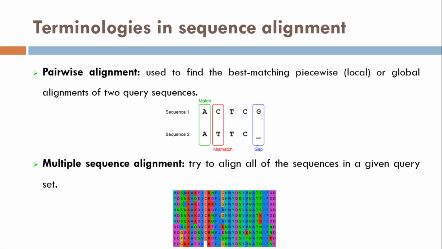However, if sequence number 2 is the ancestral sequence, how can I explain this alignment? I can explain that during evolution there was an insertion at position number 5, so that's why I got sequence number 1. But just by looking at sequence 1 and sequence 2, no one can say which sequence is ancestral and which is the descendant, which is the older one and which is the latest one.